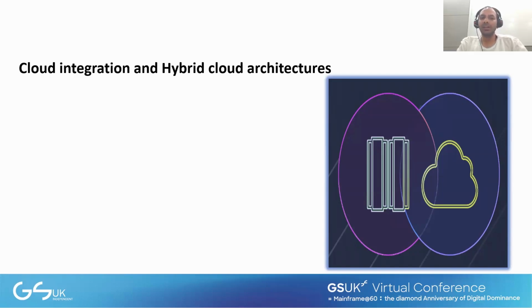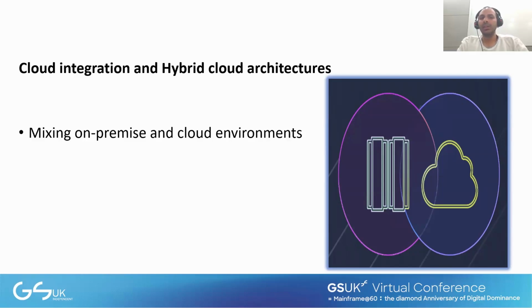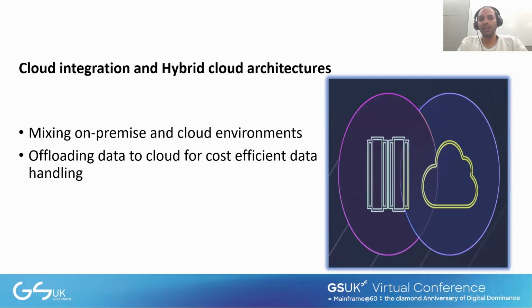So cloud integration and hybrid cloud architecture. Nowadays companies are coming up with hybrid cloud architecture. Apart from the computation capabilities, where you're managing your workloads partly on the mainframe environment and partly on the cloud environment, they are also mixing their data storage strategy. So they are offloading the data to the cloud for cost efficiency.